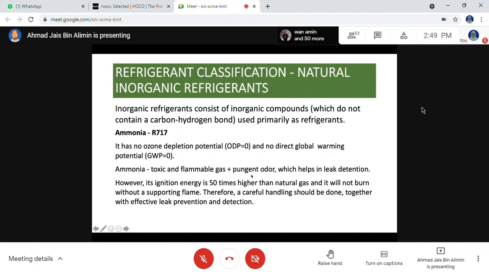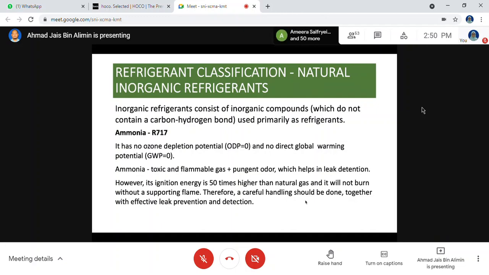It's very dangerous to those around, to those actually working with the ammonia refrigerant. The good side of it is that it can help users detect if there is any leakage in the system. Ignition energy is 50 times higher than natural gas and it will not burn without a supporting flame.